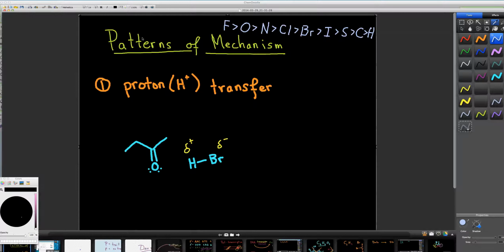So fluorine is the most electronegative atom that makes a bond, then oxygen, then nitrogen, then chlorine, then bromine, then iodine, then sulfur, then carbon, then hydrogen.